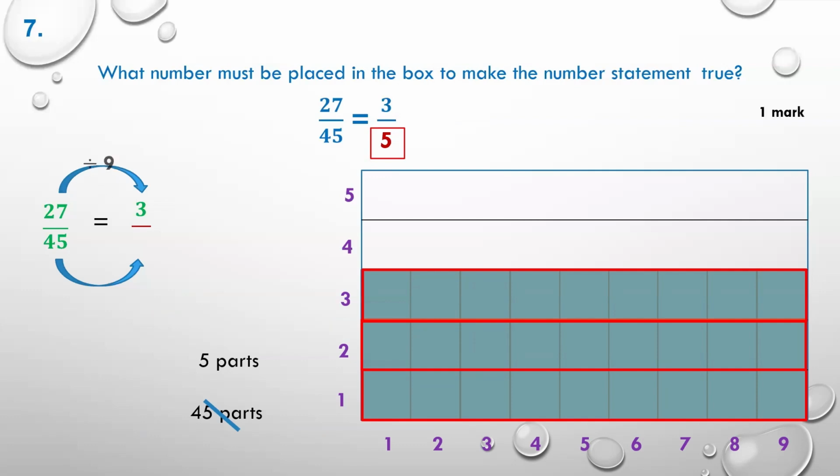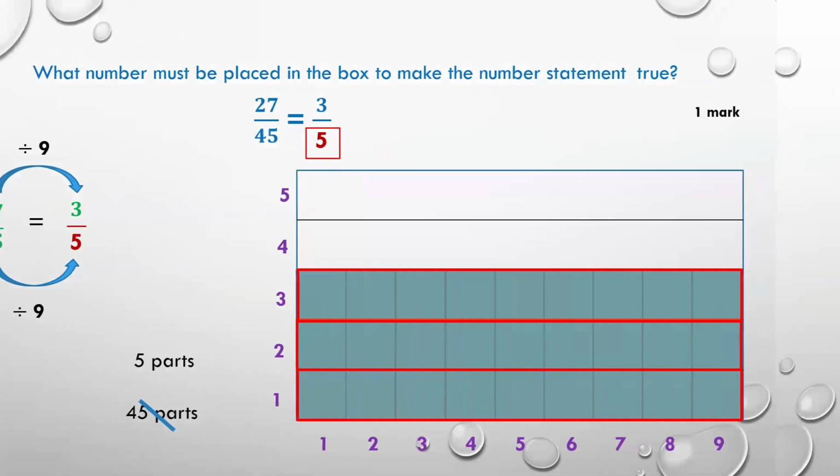So 27 divided by 9 is 3. So if we do that on top, and we do the same thing below, 45 divided by 9, and the answer is 5. So the number that needs to be placed in the box is 5. Or we could say it differently, 27 parts out of 45 parts, it's the same as 3 parts out of 5.